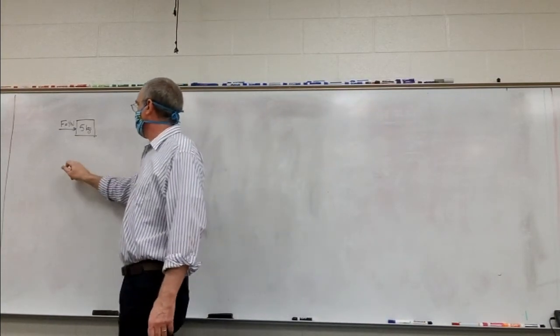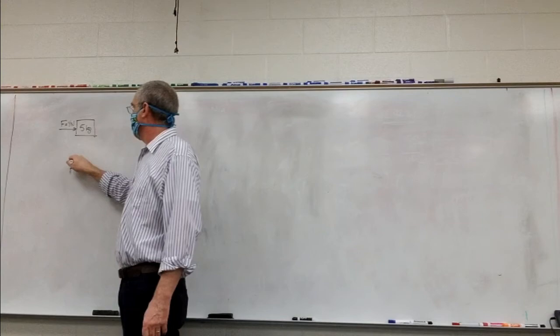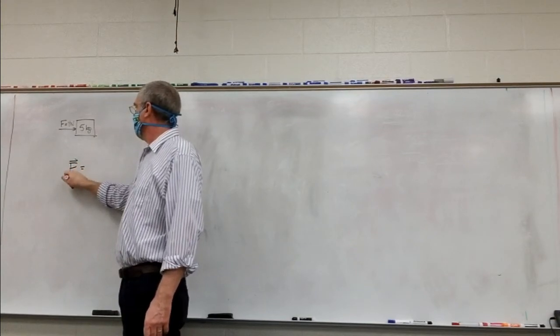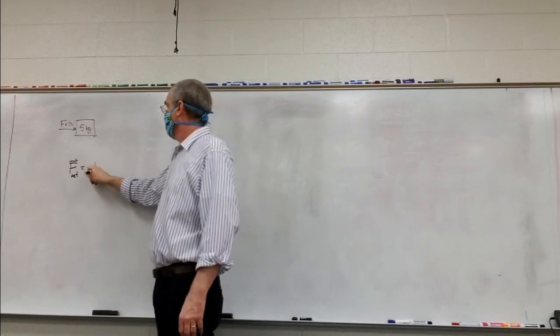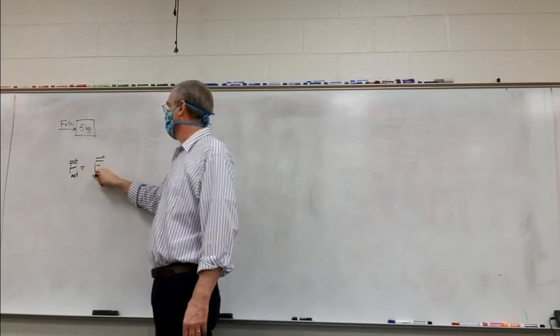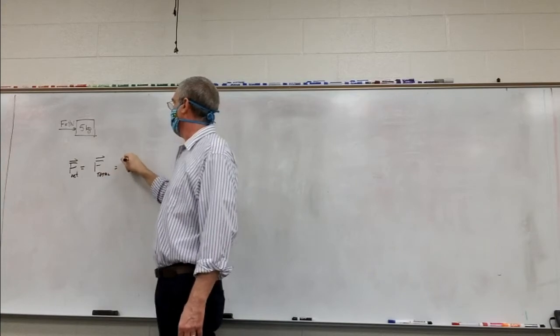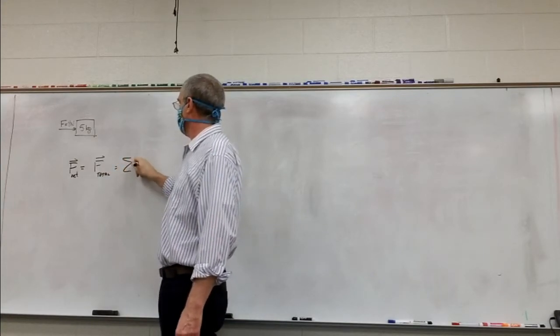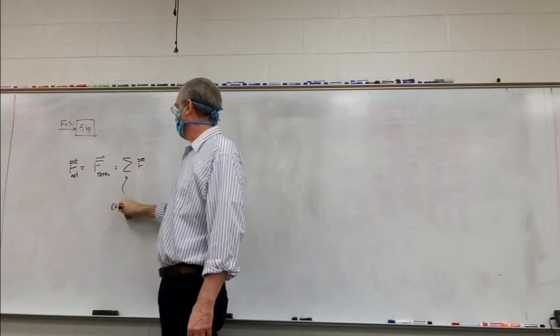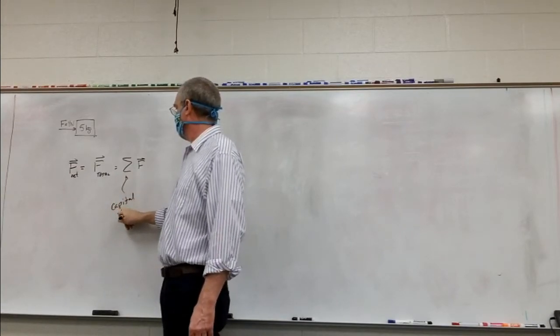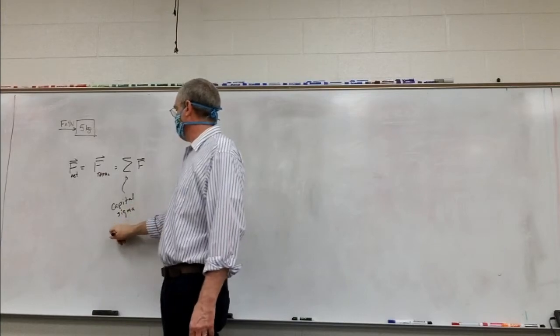If I wanted to write the total force, I can write net force, or I can write total force, or I can write a capital sigma with a force. This is a capital sigma, and it means sum.